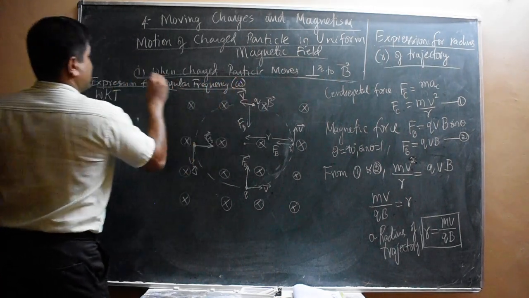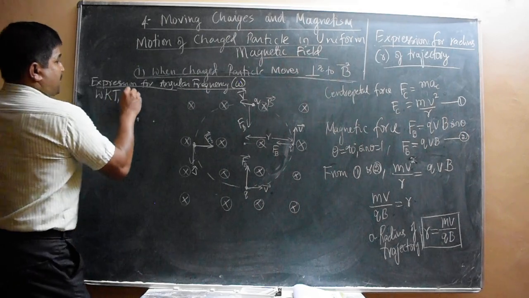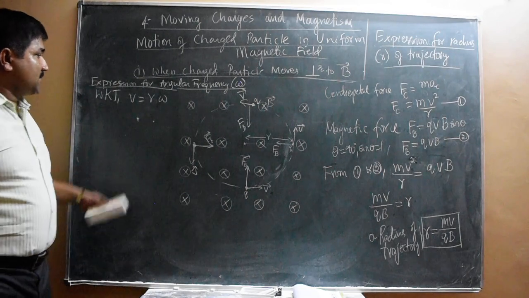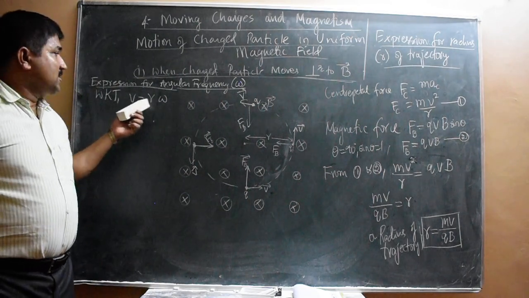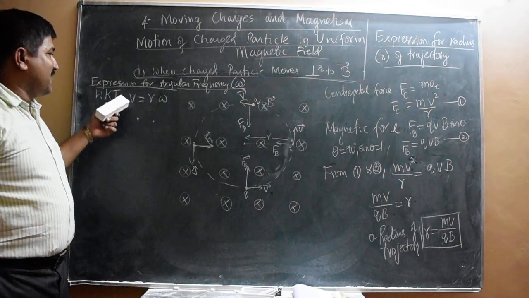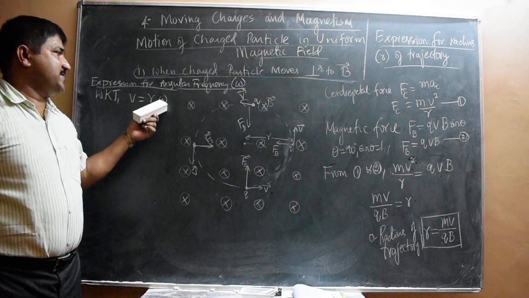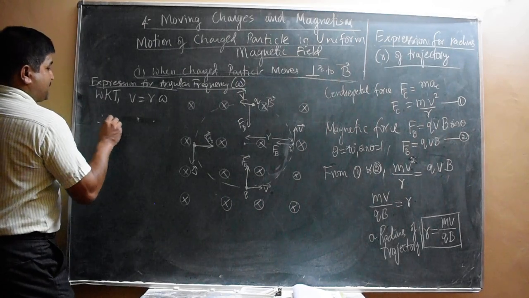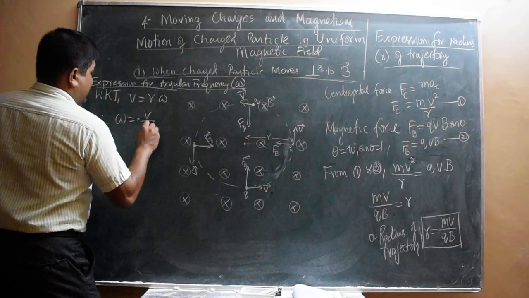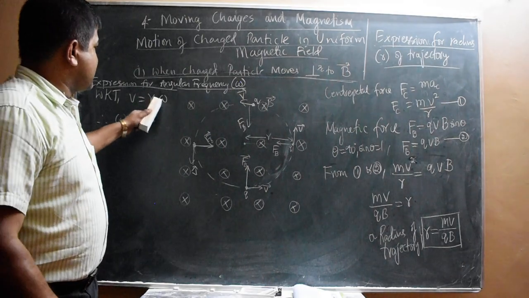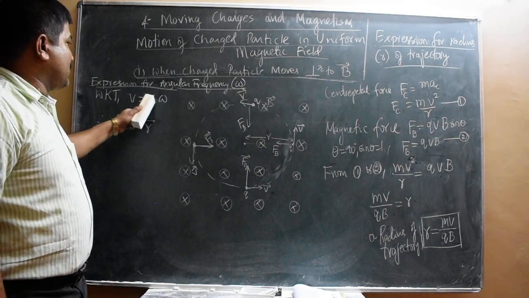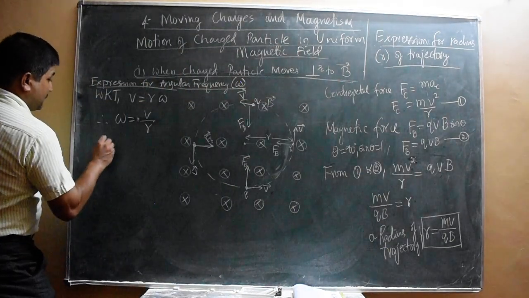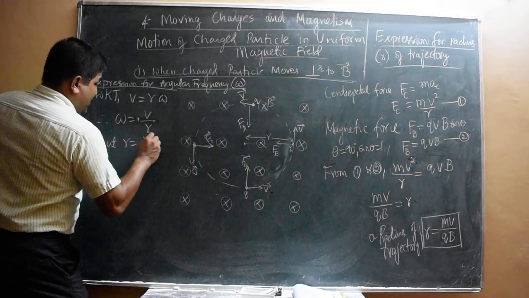We have studied in first year v equal to r omega. For a rotating body, the linear velocity is equal to radius times the angular frequency omega. Therefore, angular frequency omega equal to v by r. Here r equal to mv by qB.